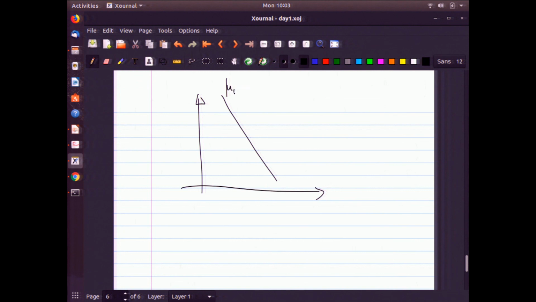If this is mu m, where would you expect mu IIS? Any guesses? Is there anything you can say for sure? Regardless of the prior, regardless of your function, regardless of any shape that you know, what can you say?